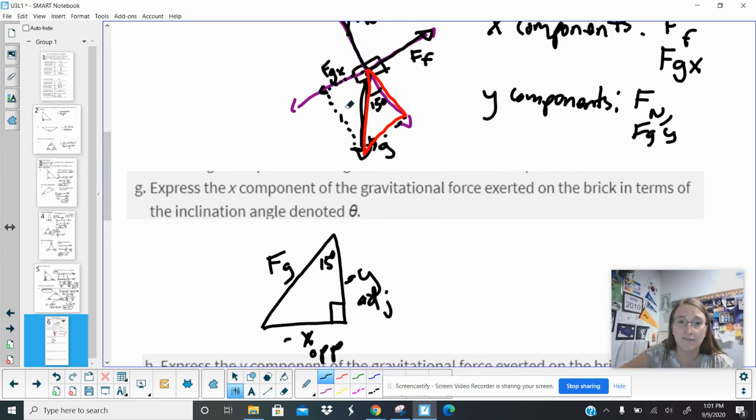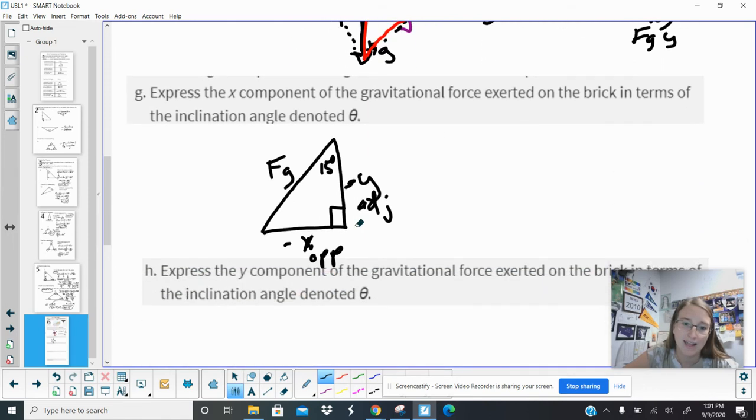If you wanted to find this angle right here, y would be sine and then x would be cosine like normal. But if I just want to pull this triangle down, since x is the opposite, now x is going to be sine. Now, I'm going to go ahead and show you this. We do not know the magnitude of the force of gravity. Yeah, we could, but we're going to kind of ignore that for right now.